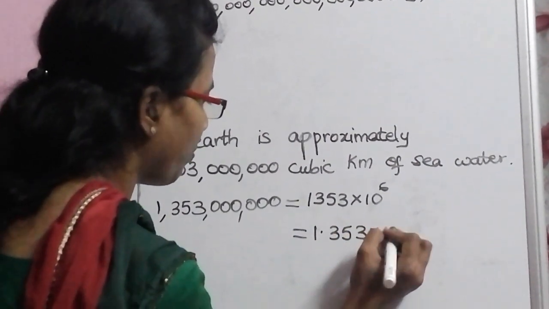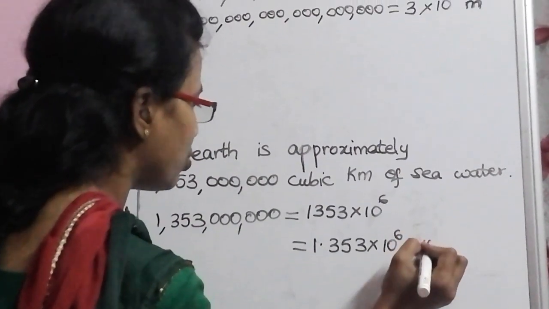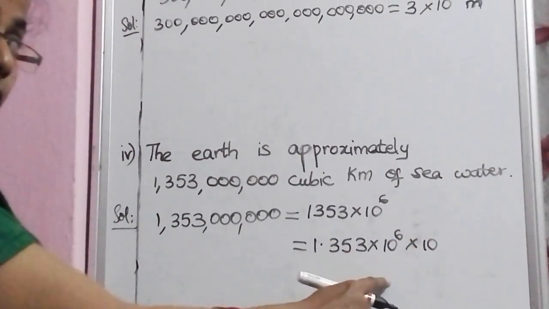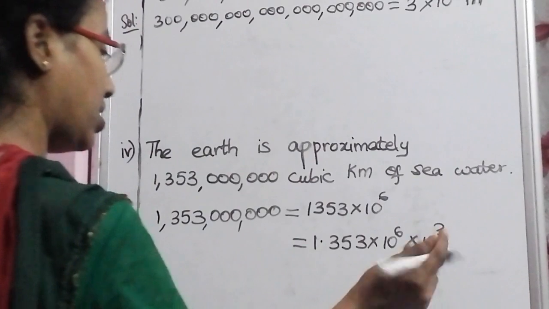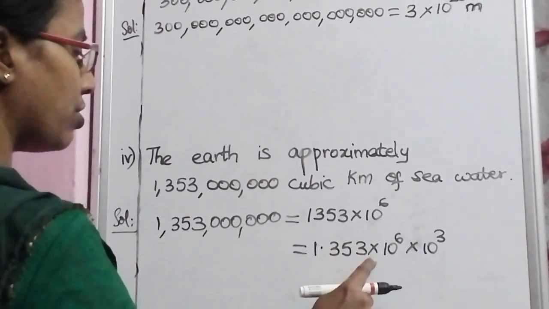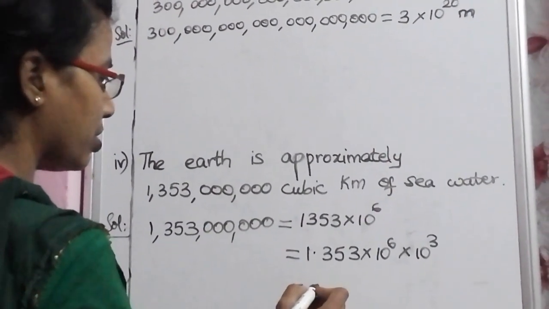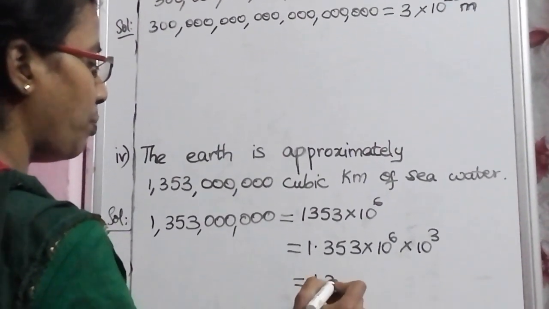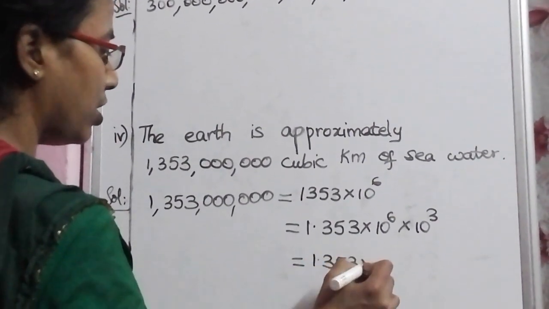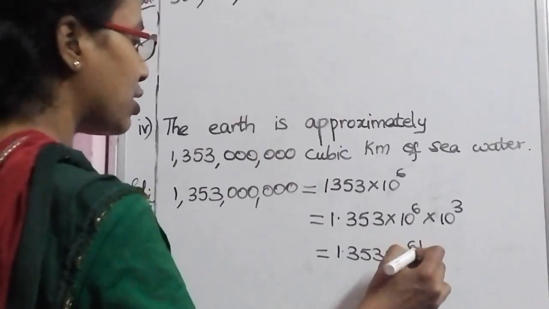1.353 into 10 to the power 6 into 10 to the power, how much should I write here? 3. Why am I taking 3? Because after 3 digits you have kept a point. So here we are multiplying with 10 cubed. So 1.353 into 10 to the power 6 plus 3.